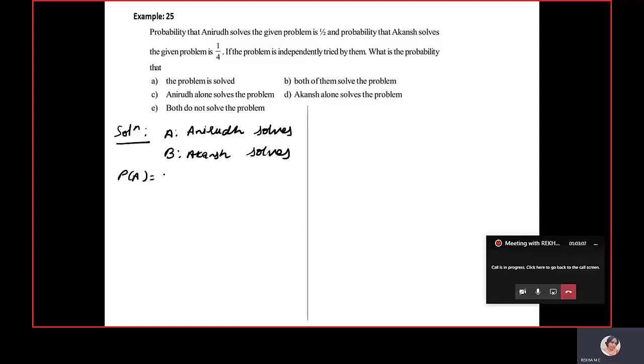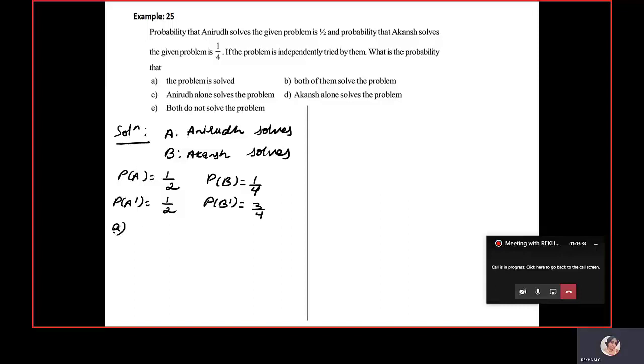P of A is given as 1 by 2. P of B is given as 1 by 4. So P of A complement is 1 minus 1 by 2, that is equal to 1 by 2. P of B complement is 1 minus 1 by 4, that is equal to 3 by 4.